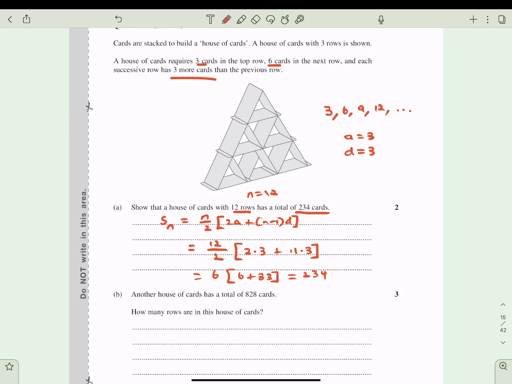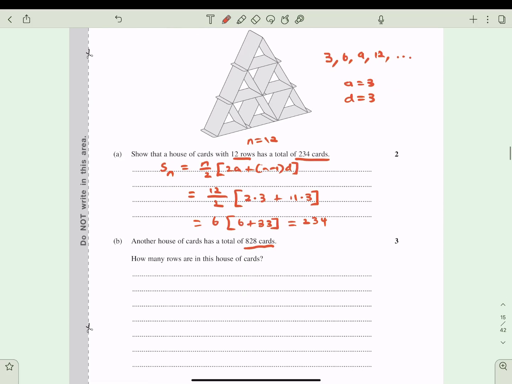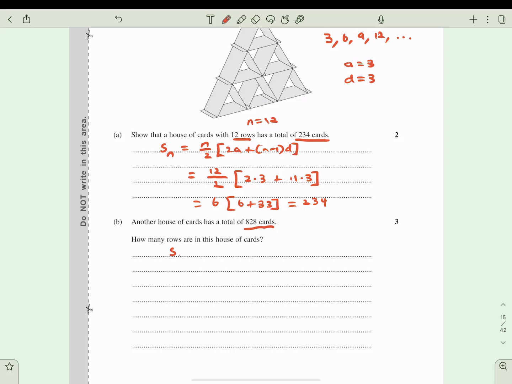Anyways, another house of cards has a total of 828 cards. And this time we are asked to find how many rows there are. So it's a bit of a reverse question because once again, we still have to use the arithmetic series formula. So write that down. But the difference is this time we don't know what the value of n is.